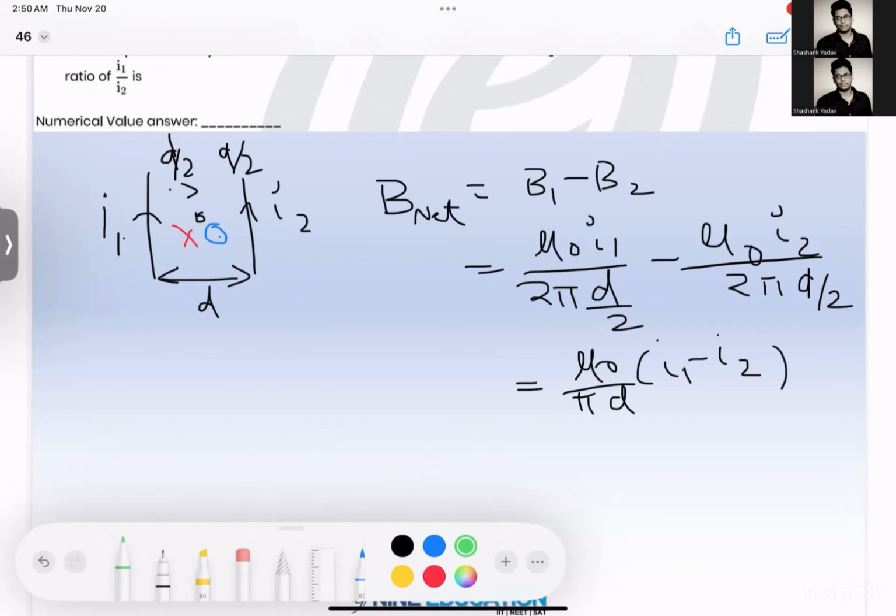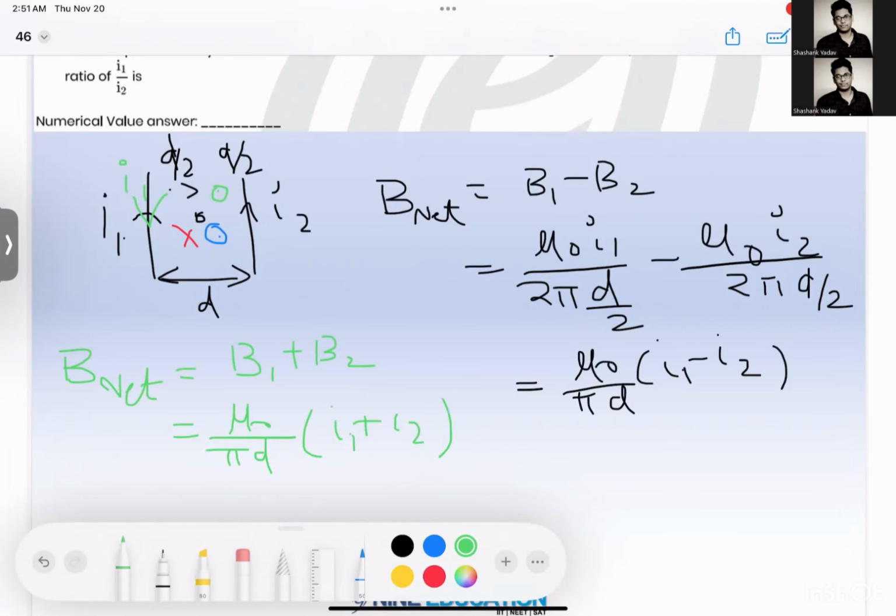Now, current in one of these wires is reversed. Let's say if I1 is reversed, then you can say both of them are in the same direction. Then B net is simply going to be B1 plus B2, that is mu naught by pi d into I1 plus I2.